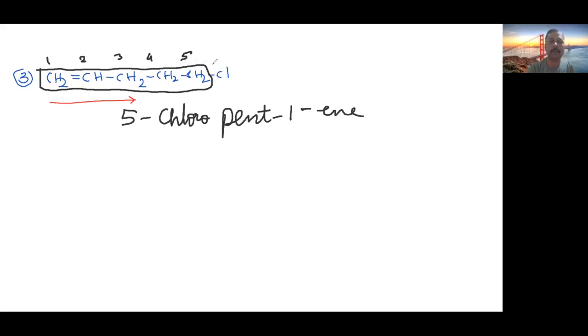But chlorine, being treated as a substituent, we number from left to right. This chlorine will be on the 5th carbon atom. So 5-chloropent-1-ene is the name of this compound.